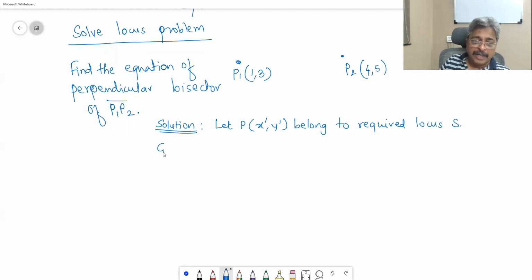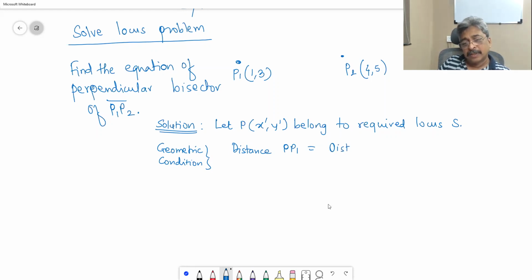Then geometric condition. What is the geometric condition which is given now? Distance PP1 is equal to distance PP2, and that is what we are good at.